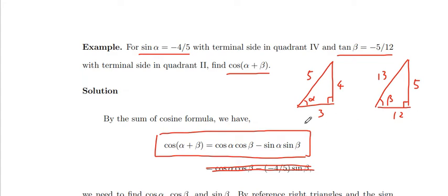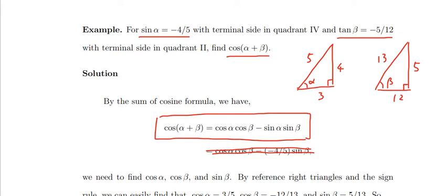Now if we want to find those values, from these triangles we can easily know them. Cosine alpha equals 3/5. Cosine beta is 12/13, right?